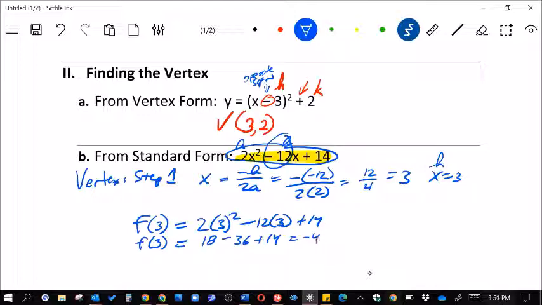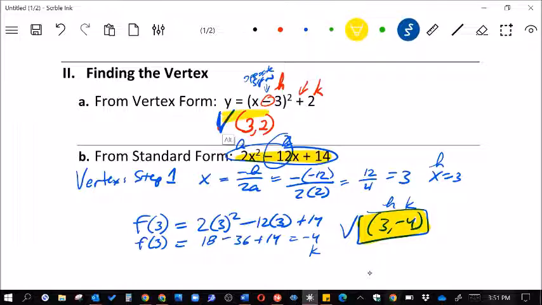And that's the k. So we get 3 and negative 4 for the h and the k. So we've just found the vertex here. That's the vertex for that one, and this is the vertex for this one. In fact, that one I ought to do this with also.